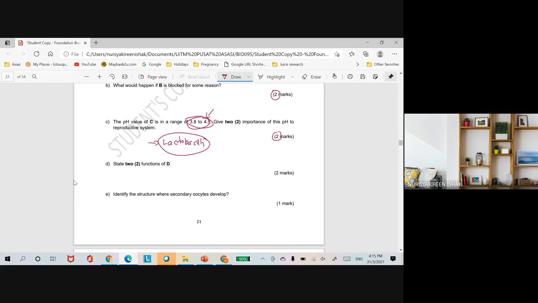So once the secondary oocyte has been fertilized, okay, it will form the zygote. From there, it will divide into 2 cell, 4 cell, 8 cell, 16, 32 cells until it forms a ball of cells, which we call the morula.